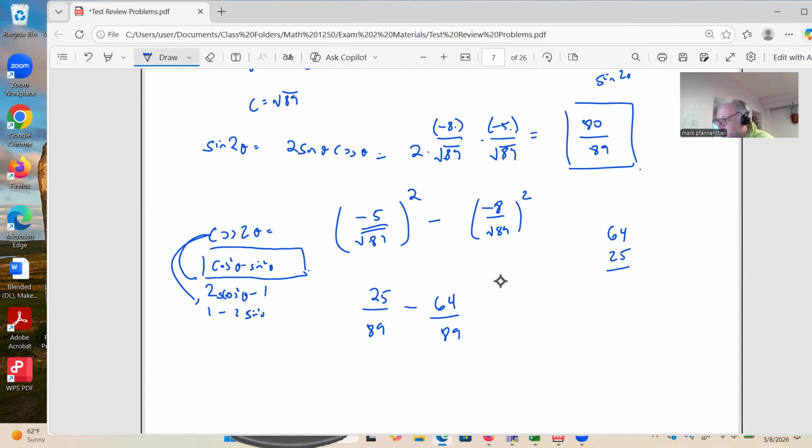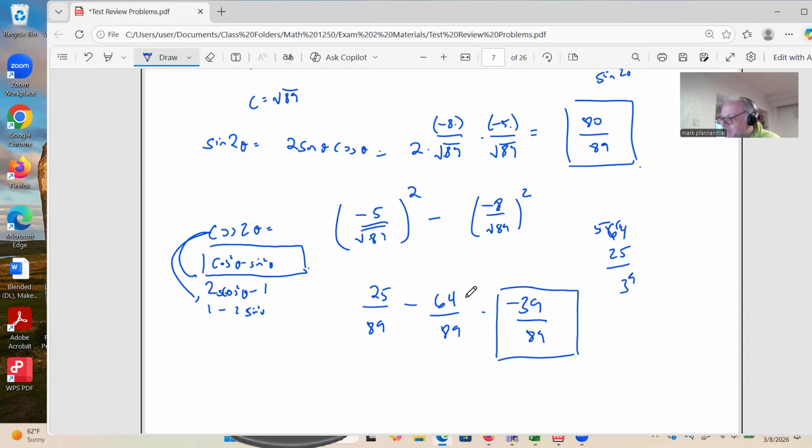That is -39, because 64 is a little bit bigger, divided by 89. We know that this is negative, which is fine. I'm just checking to make sure we have our signs right. So here is my next value.